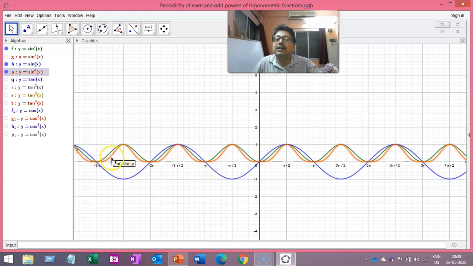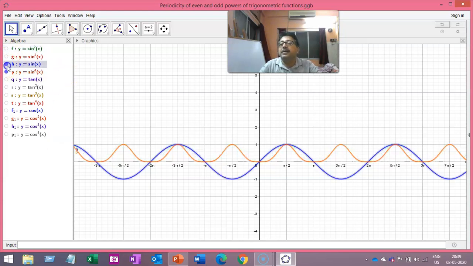This maroon one, again, is period over the interval pi. So if the index n becomes even, then sin square, sin 4, sin 6, the period becomes half in those cases. But if index is odd, then period will have the same value. So for even index, it is half. For odd index, it will be same.